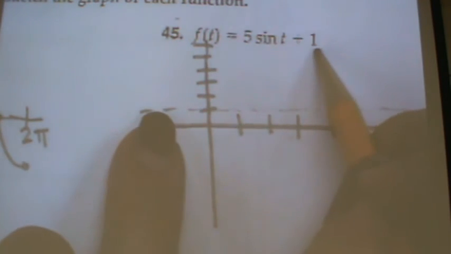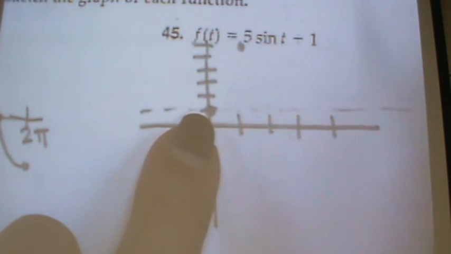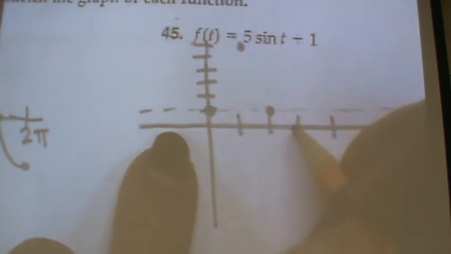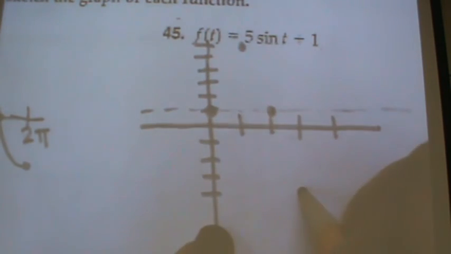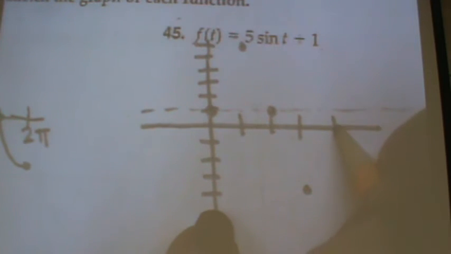That's our vertical shift, 1 unit up. And now the sine curve with a stretch of 5. So from here, you're gonna count 5. 1, 2, 3, 4, 5. So it's going up to 6. And then back down. And then how far down am I gonna go? 1, 2, 3, 4, 5. I'm gonna go down here to -4, and back up.